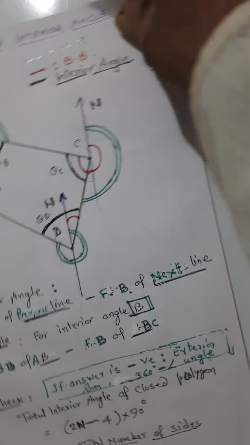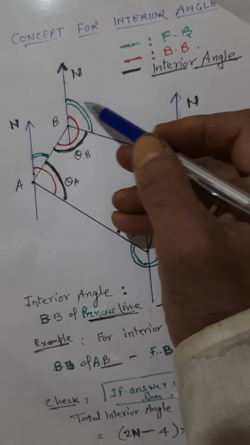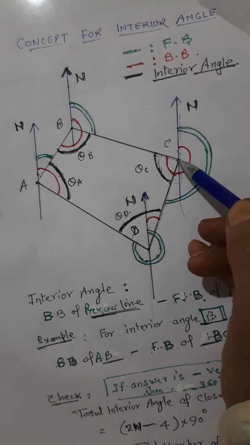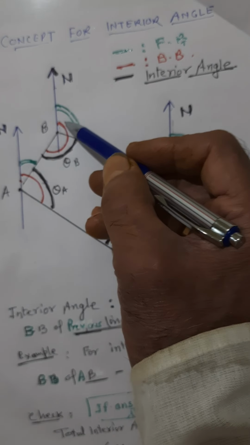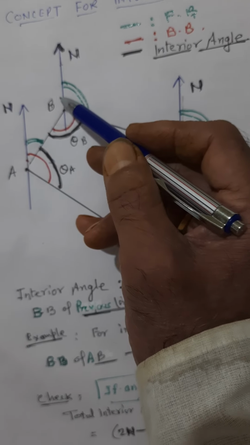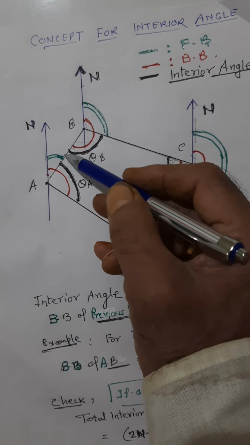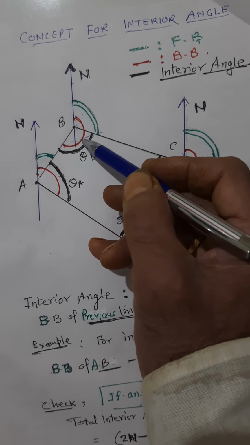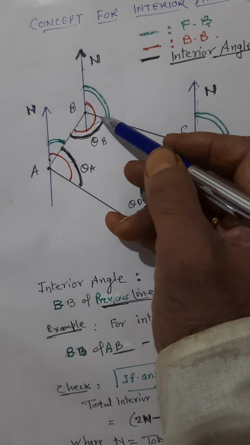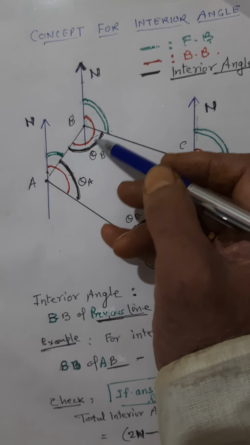Just for example, if this is the foresight for line BC, and this is the backsight for line AB, can we calculate this angle? Because if we subtract this one, we will get this angle. And this is an interior angle shown in black.